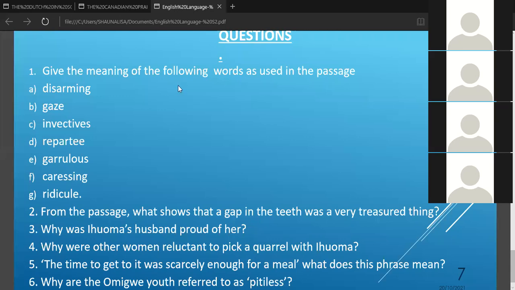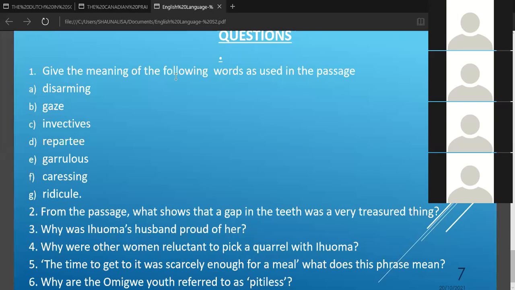According to the dictionary, disarming means having the effect of allaying suspicion or hostility through charm. Explain.